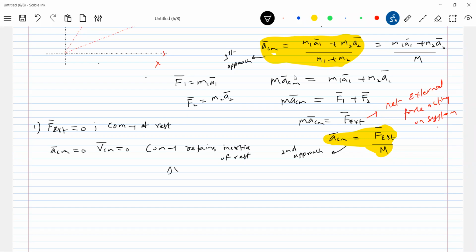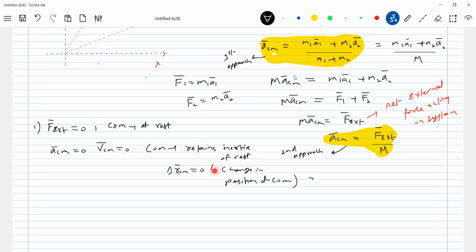What will happen to delta RCM? Delta RCM will be 0. Change in position of center of mass will be 0, no change.